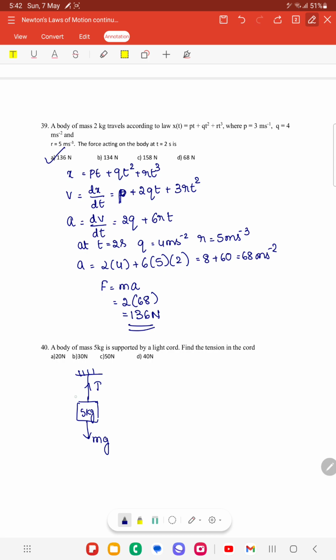Here the object is in equilibrium, so net acceleration is 0. So we can write T minus mg is equals to 0. So T is equals to mg, which is nothing but 5 into 10, which is equals to 50 Newton. So option C is the right answer.